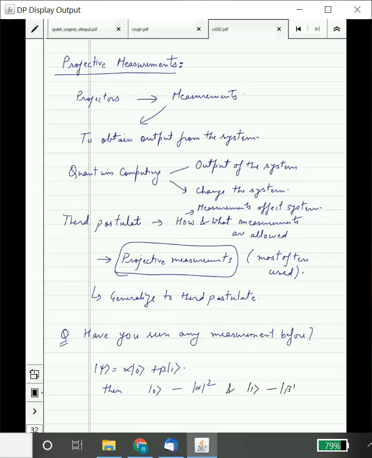This actually is a measurement in standard basis, 0 and 1.